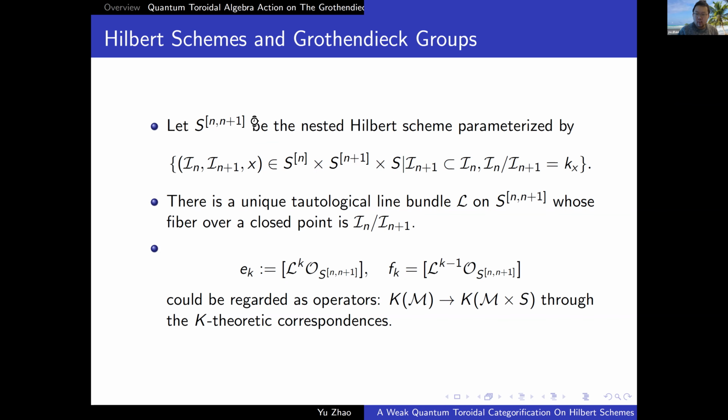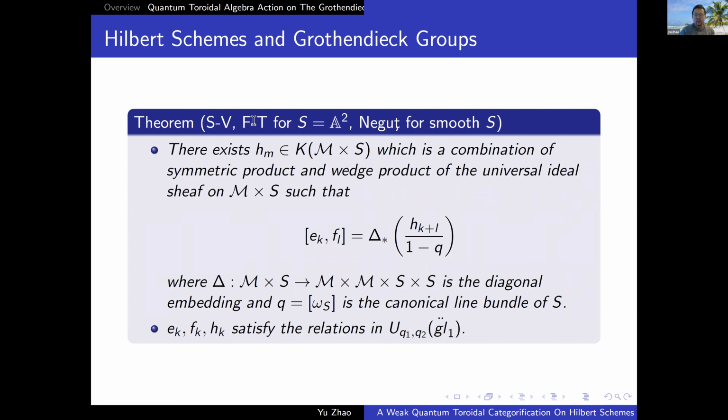Okay, so now let's talk about how the Grothendieck group action works. Here we know that there are operators H_m mapping the Grothendieck group of S^[n] to itself, which are a combination of the symmetric product and the tensor product of the universal ideal sheaves, such that the commutator is just H_{k+l} divided by 1 minus Q, and the diagonal map.